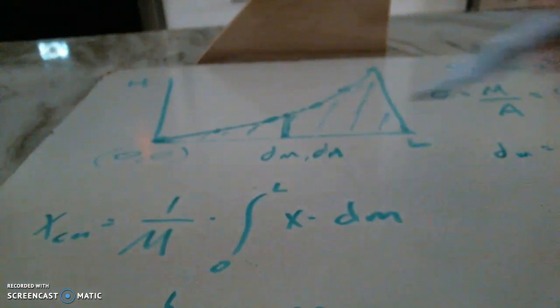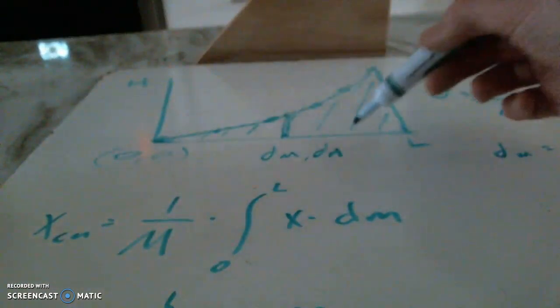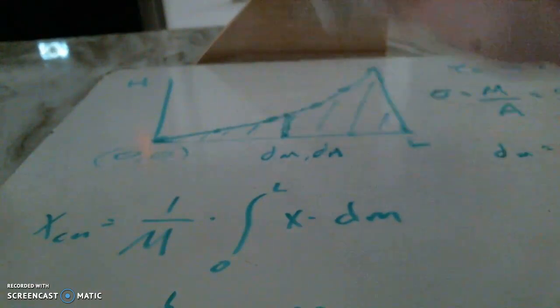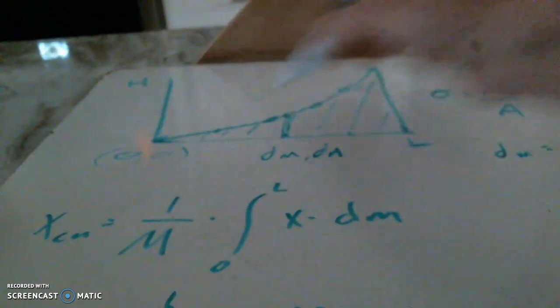It's 3/4 L. And that's it. That's the X center of mass of this particular object, 3/4 of the length. So this guy over here, its X center of mass is 3/4 of the way over. It's much heavier on the right than it is on the left, heavier than even just a regular old triangle like we integrated before.